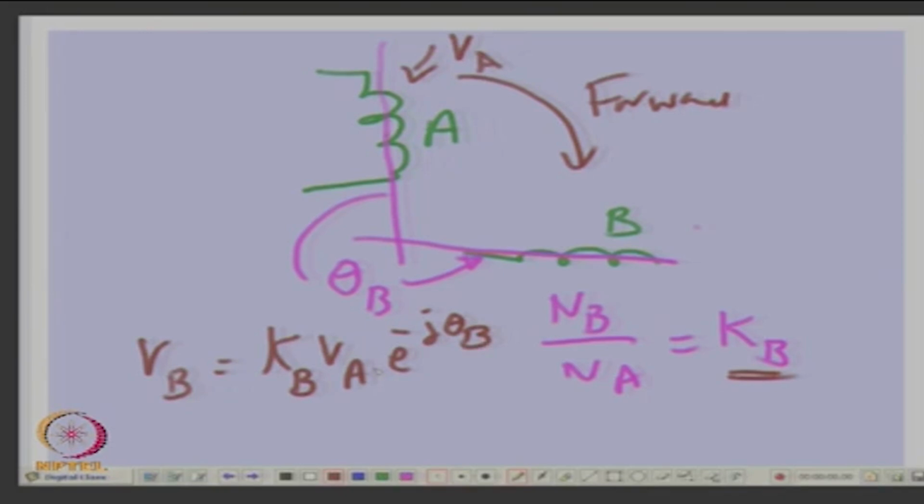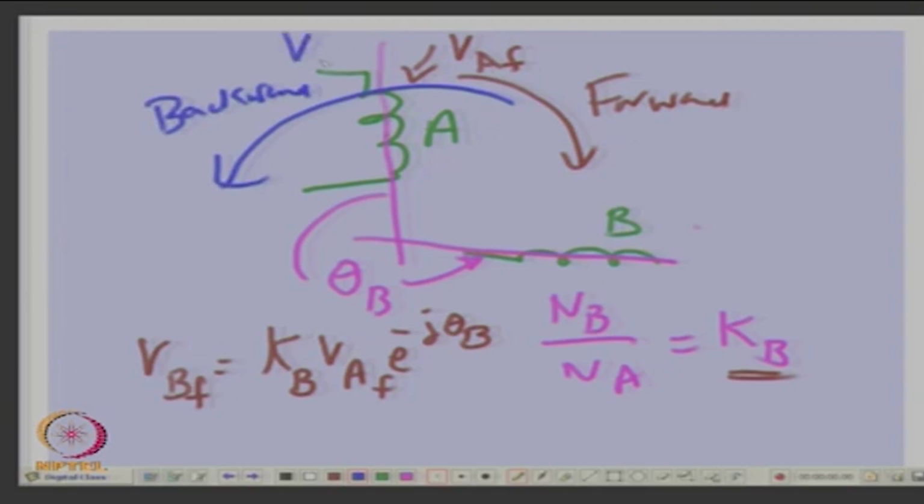Now, instead of this forward field, I will say VA forward. Now, if there is another voltage, the backward field, which in this winding is producing, say, EA backward, I am just giving you some. Now, what will be EB backward then?